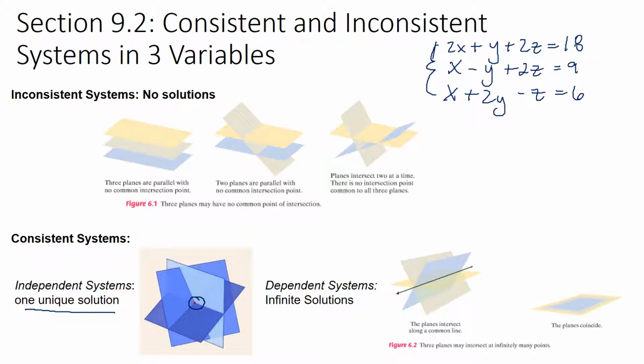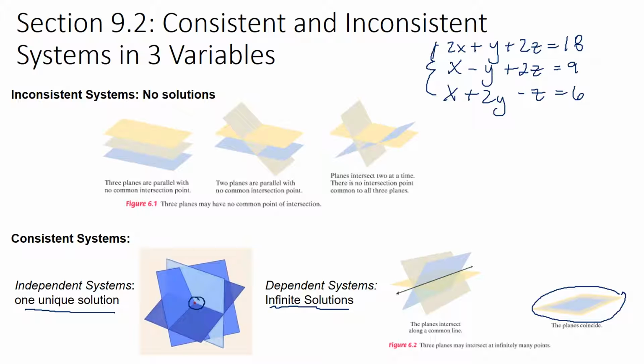Now, if the planes intersect along a line and not a point, that's an example of having infinite solutions. Also, if all 3 equations graph planes that are on top of each other, that's another example of having infinite solutions. So that is a consistent, dependent system of equations with infinite solutions.